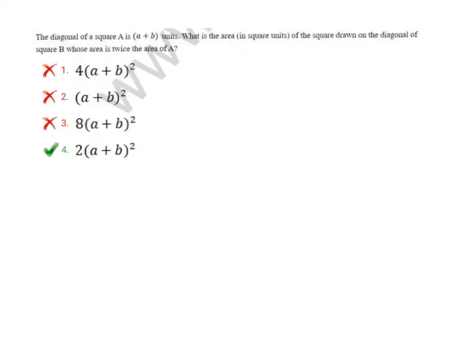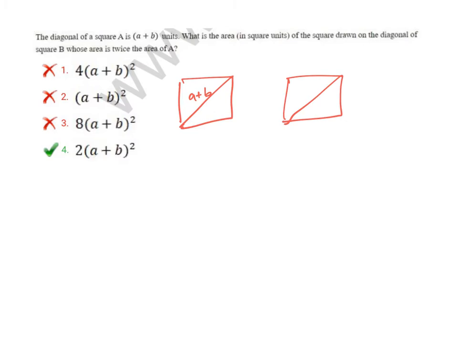Now the diagonal of a square A, the diagonal of a square A is A plus B. What is the area of a square drawn on the diagonal of square B, whose area is twice the area of A?